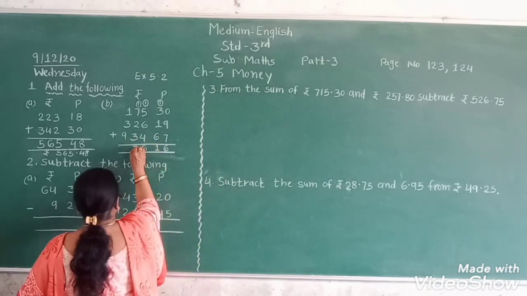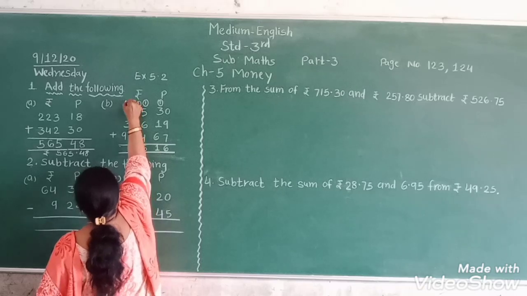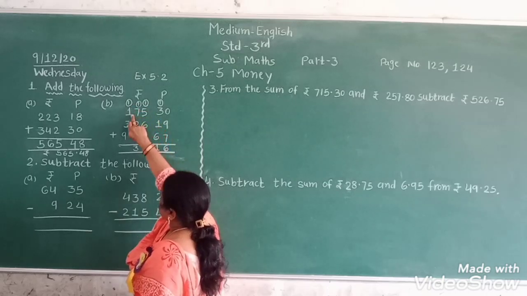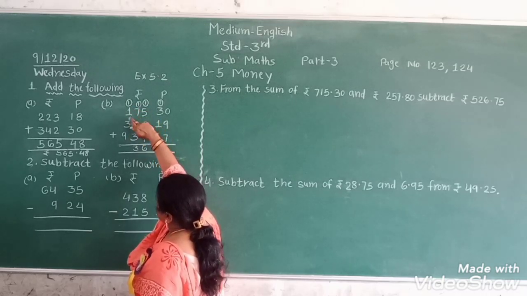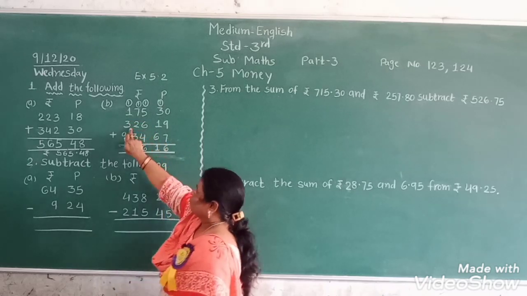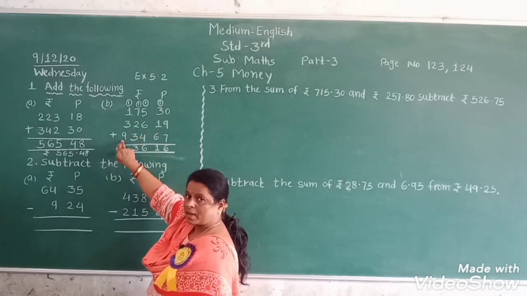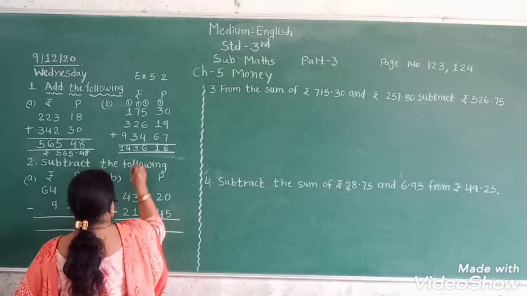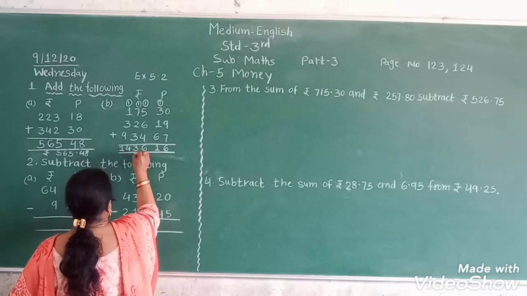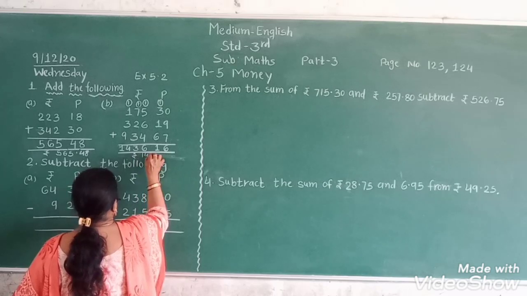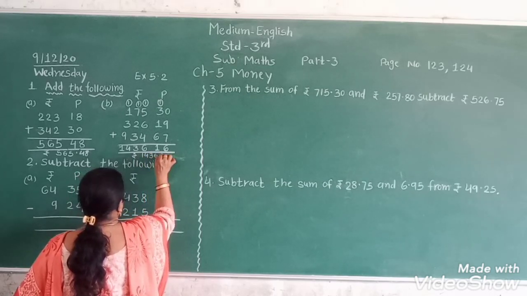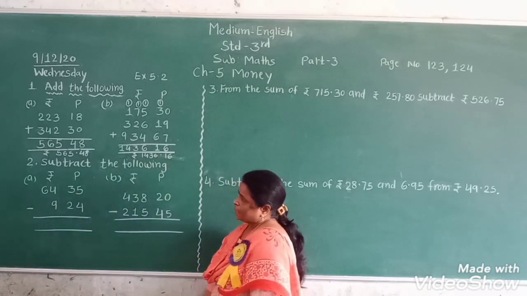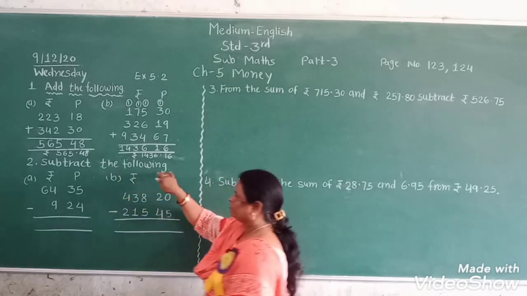So, 3, 1 carry over. Now, 1 and 1, 2, 2, 3, 4, 5, 5 and 9, 14. So, we write here 14. Here write rupees 1436 and 16 paise.